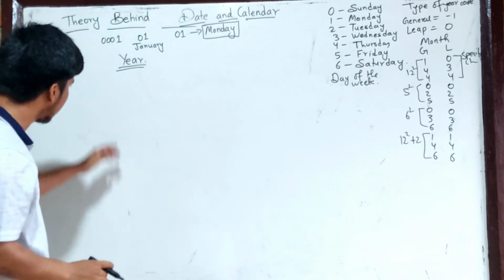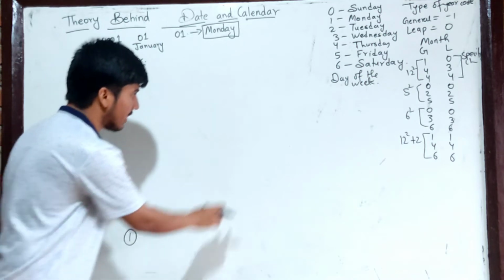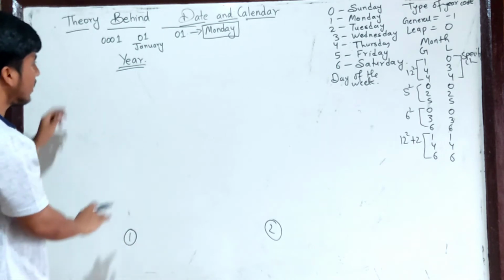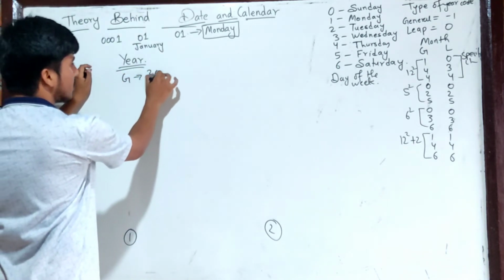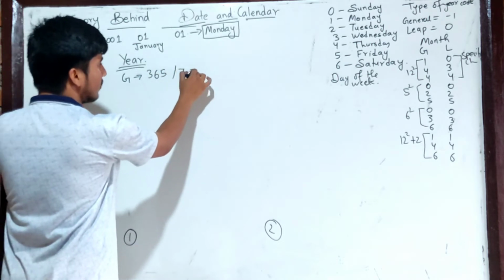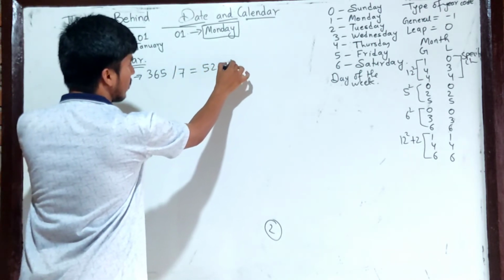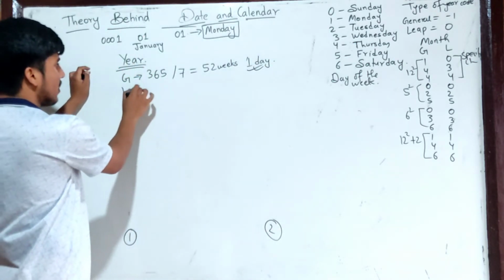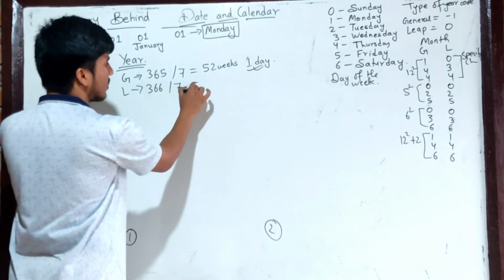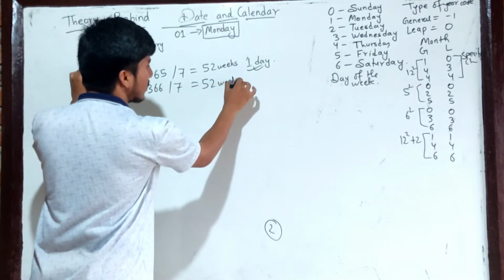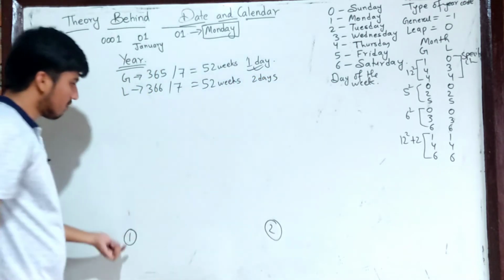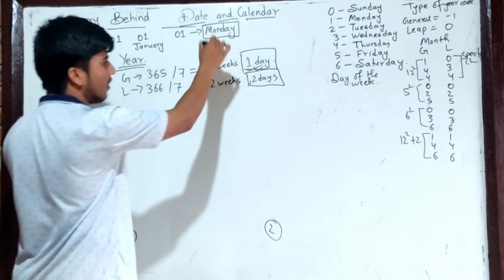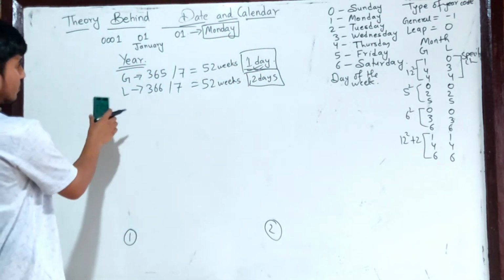We had found that for general year the number of odd days is 1, and for leap year the number of odd days was 2. Let's check that fact, okay? In a general year there are 365 days, and if divided by 7, this results in 52 weeks and 1 odd day, right? And in a leap year there are 366 days, which again divided by 7 leaves us with 52 weeks and 2 days. We were very right with our calculations, right? 1 odd day for general year, 2 odd days for leap year.